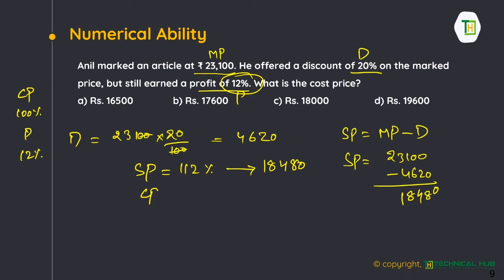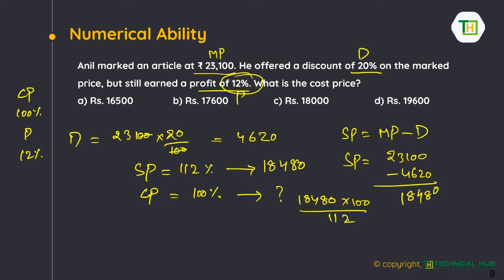Now we need to calculate the cost price. Cost price is equal to 100%. 100% is equal to what? Calculate the answer. 18,480 into 100 divided by 112.